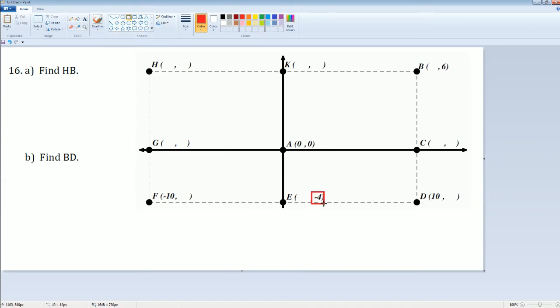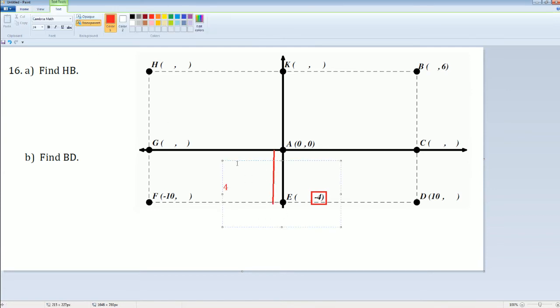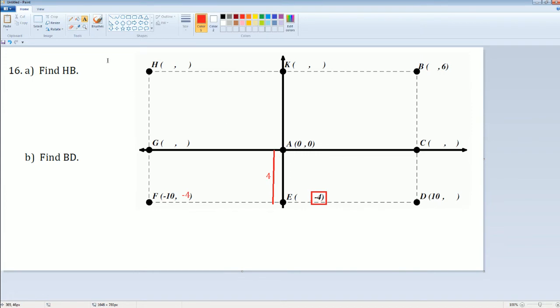That means this line is a 4, so therefore this is a -4 because it's going down, right? -4, but the distance is still 4.